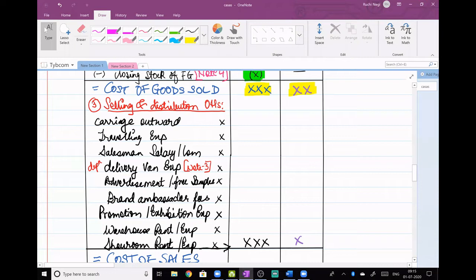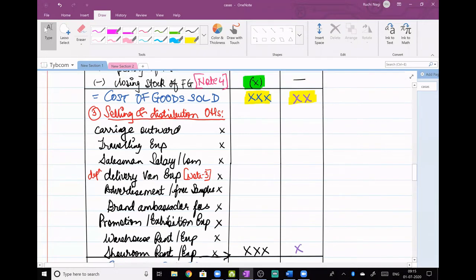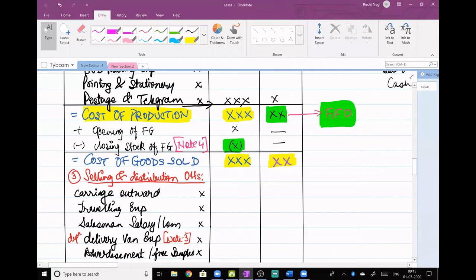So Aradhya, when you're doing the FIFO method, you have to consider the cost of production per unit rate, the one I have highlighted in green. Whatever answer we get in the per unit column while solving the sum, that rate will be multiplied with the closing stock quantity and we will get closing stock in rupees.